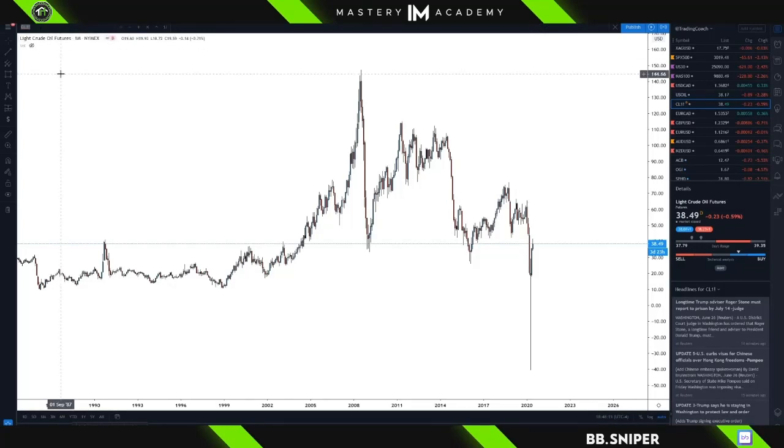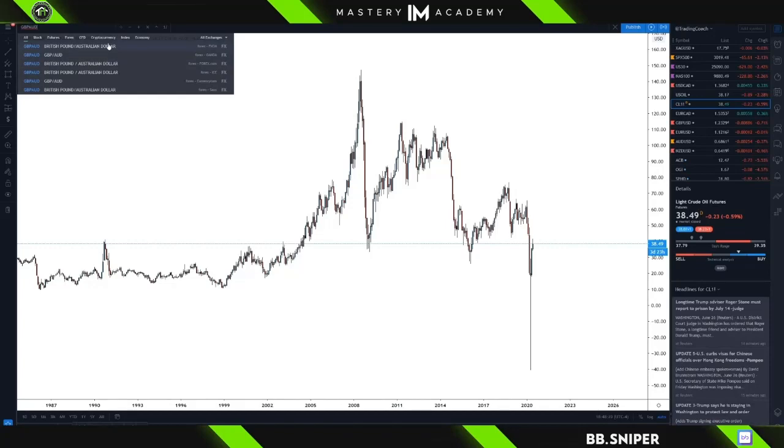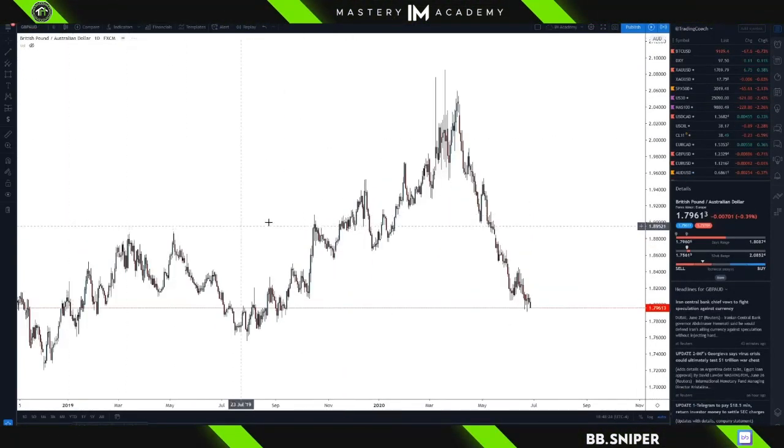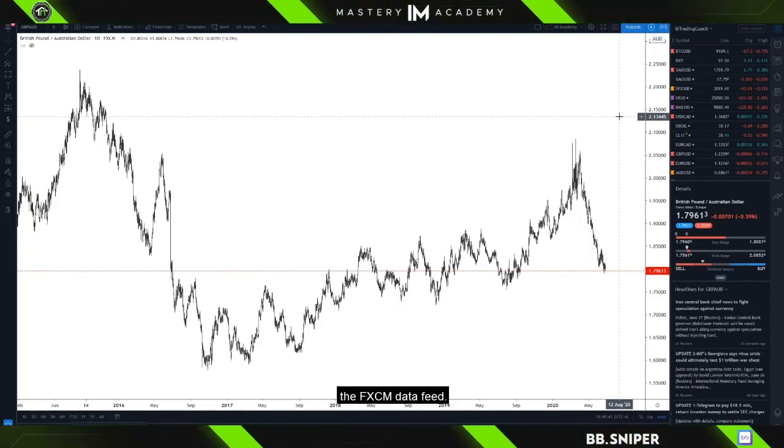When there are thin order books, we'll occasionally see stuff like this. We have GBP AUD on the daily time frame, utilizing the FXCM data feed.